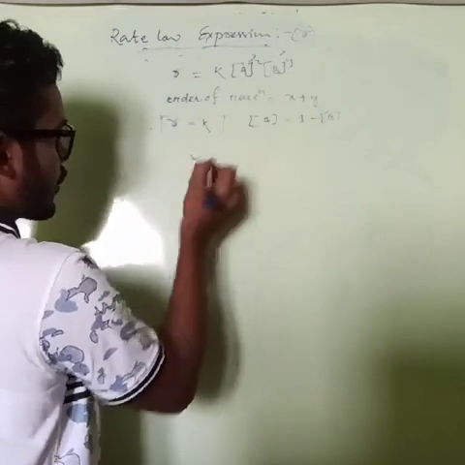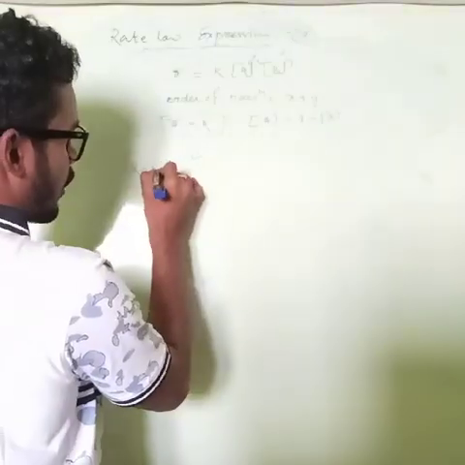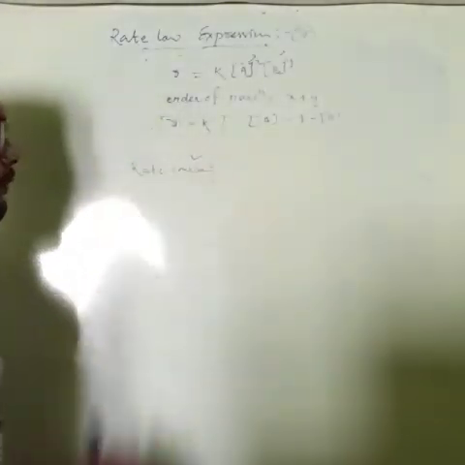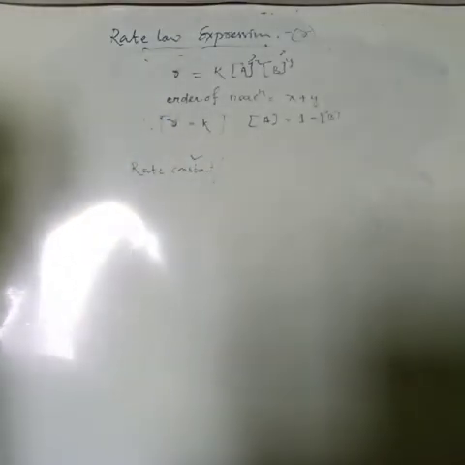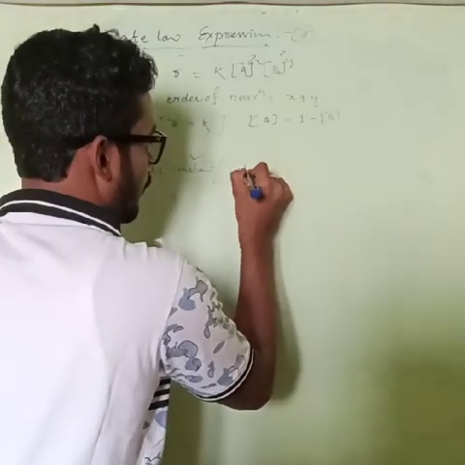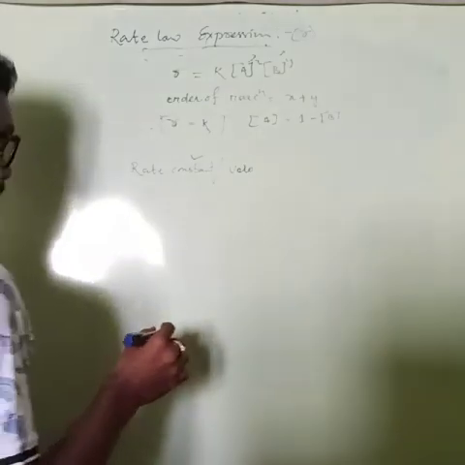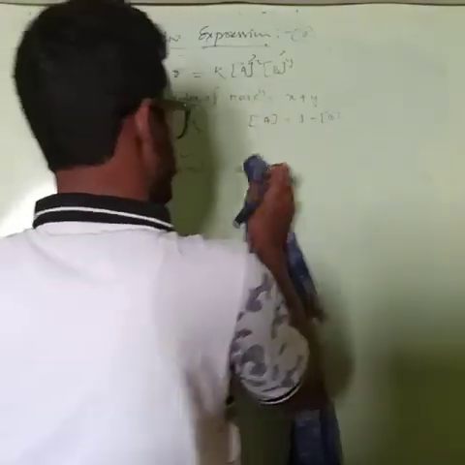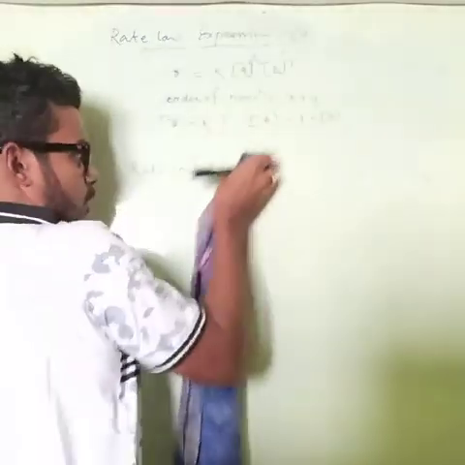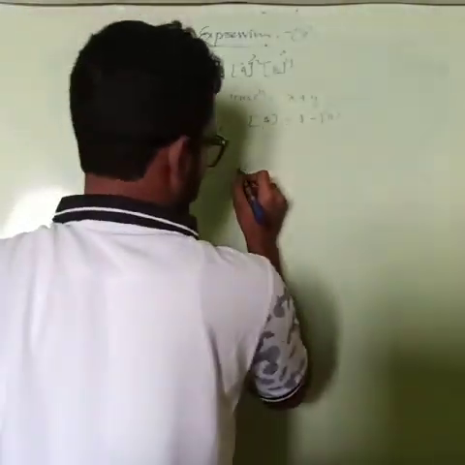K is again the rate constant, or this is also known as the velocity constant, you may say sometimes.